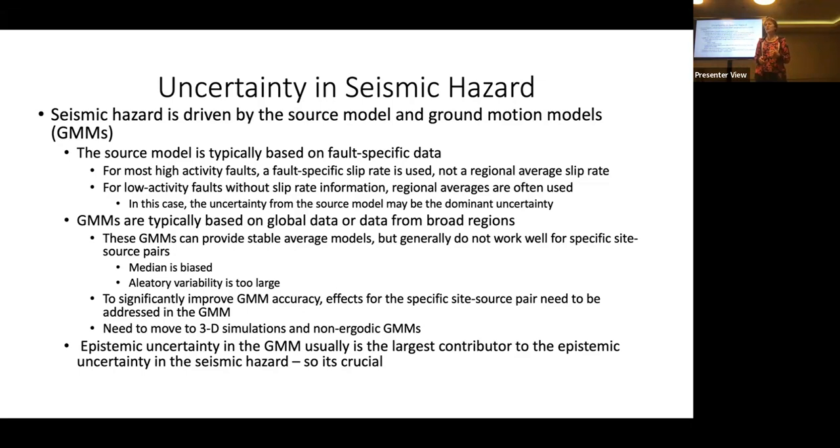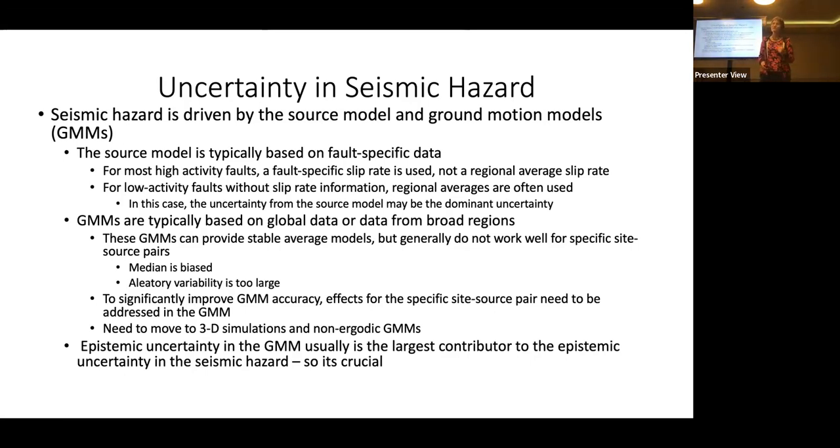And we have a lot of variability from event to event, path to path, that should actually be governed by physical models, but that we've instead cast into this big thing called aleatory uncertainty or random scatter, because we don't know any better. And so that is what we can really grab onto in ground motion models and improve.